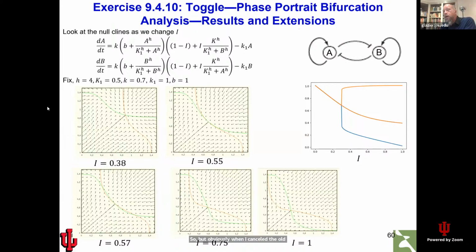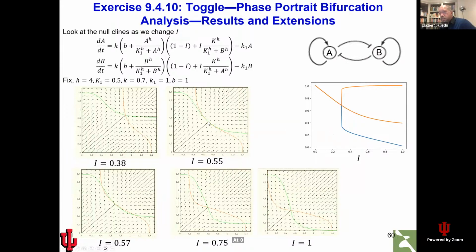Okay, so here, when I'm below the bifurcation, 0.3, 0.2, I have a single stable fixed point where A equals B, and the value here is about 0.7. At 0.5, I'm on the right side of this.